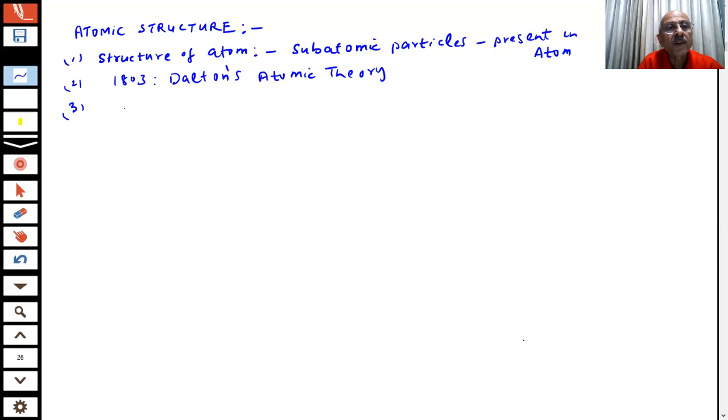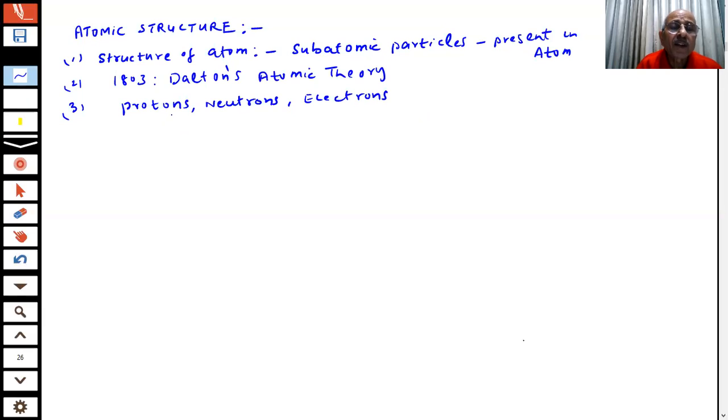We know today that three important particles are known to us. What are those, students? Protons, neutrons, and electrons. These are the three subatomic particles present inside the atom. We also know protons and neutrons are made up of even smaller particles, quarks, but that is not our objective.